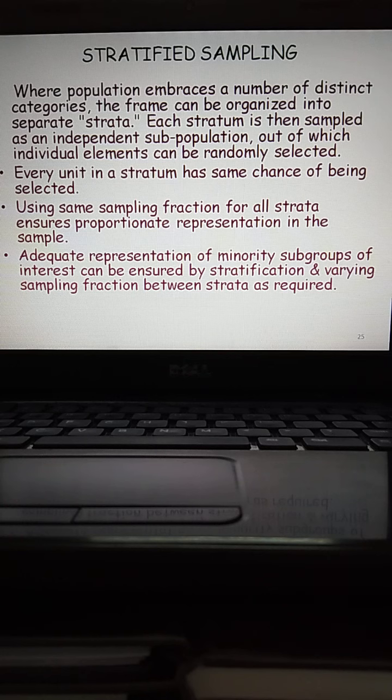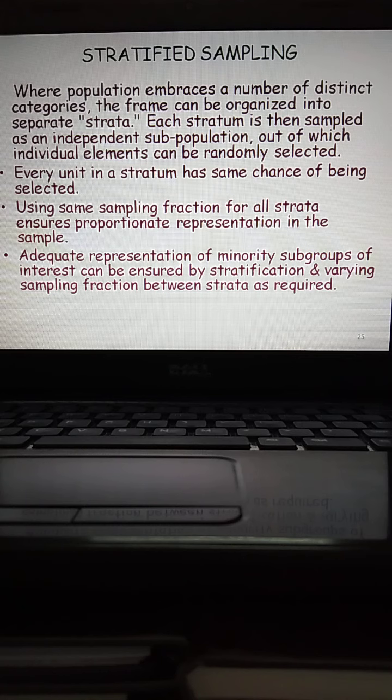All these groups are known as the strata. Each group is known as a stratum. Only the carrot group is one stratum. Only the tomatoes group is a stratum. So clubbing all the strata together becomes the population.